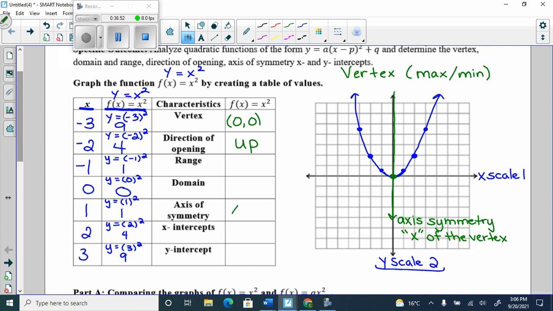So it's always x equals, and then whatever the x of the vertex is. What's the x of this vertex? 0, because this is xy, correct? So it's x equals 0. It's just the x of the vertex. It has to be x equals because it's a line. Do we agree? Sure. We'll go with that.